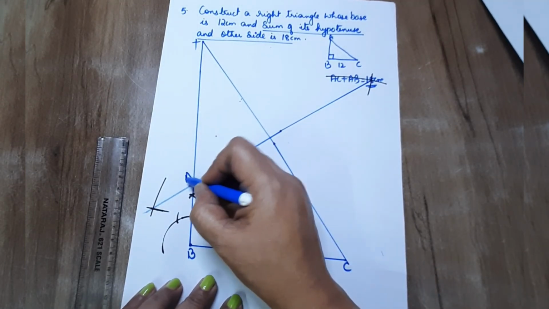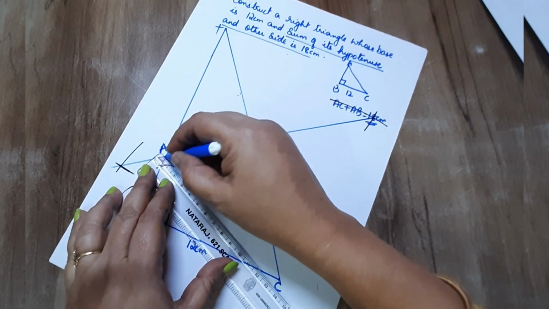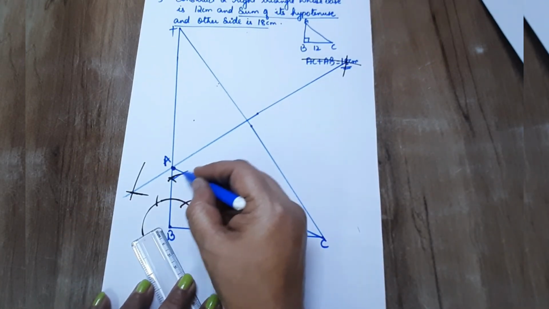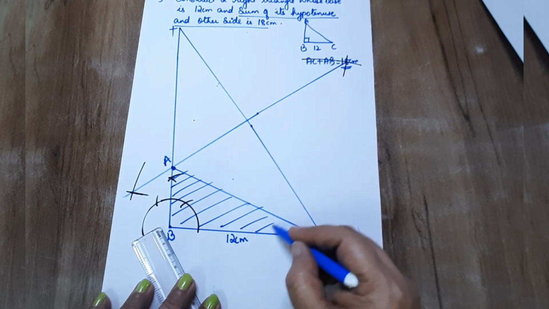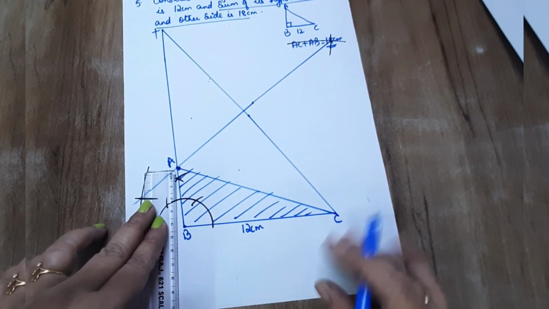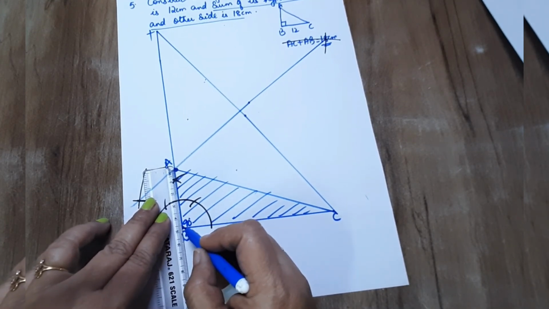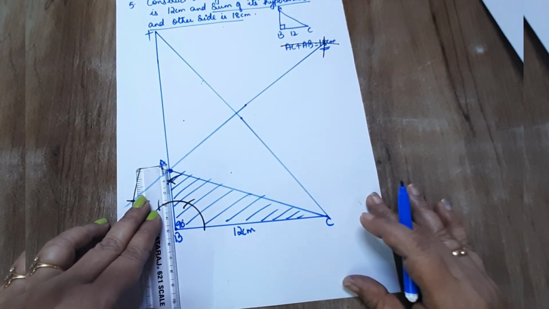So this point is A. From A I will join it to C. After such a big triangle, our required triangle is comparatively small. So this is the required triangle ABC, 90 degrees. I will measure here. This I am getting 4.5 or approximately 5.